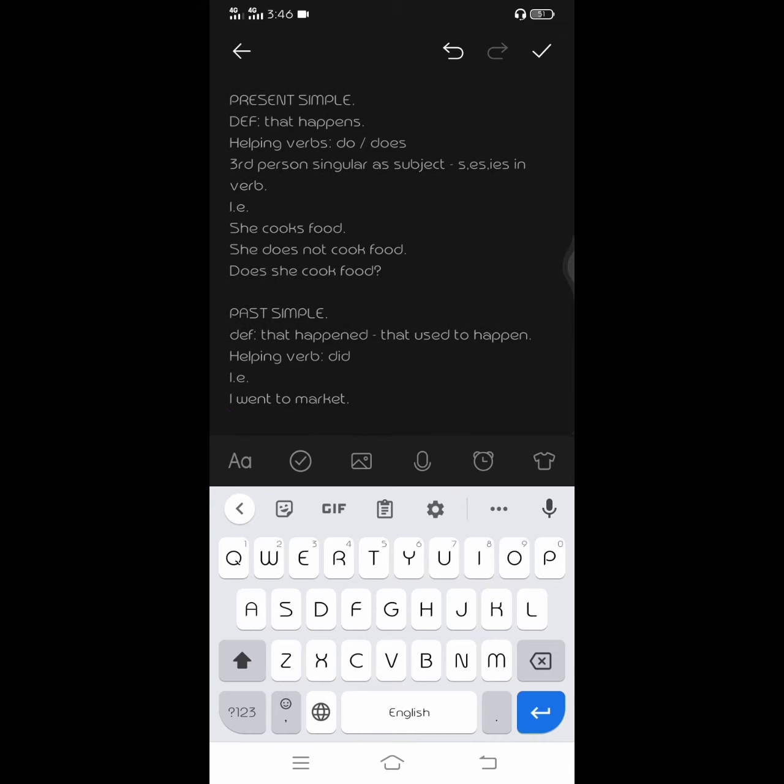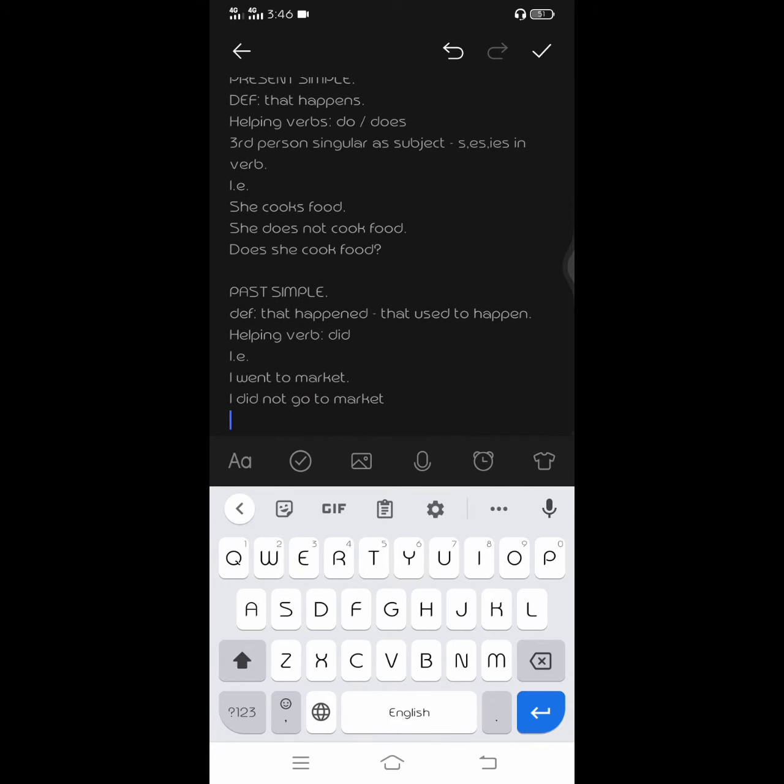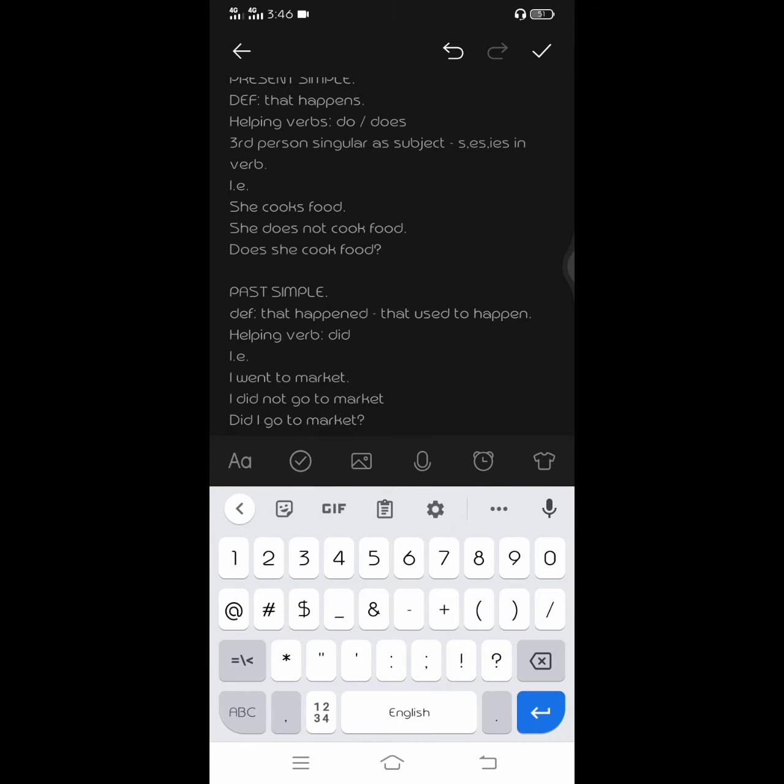When you're going to form a negative, so you're going to do what? I did not go to market. And if you form an interrogative, it's going to be did I go to market, right? So why have we removed the addition, or why have we removed the second form of the verb? Because we have used did, which is the second form of do.